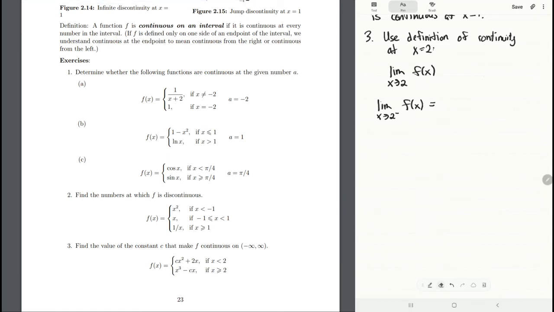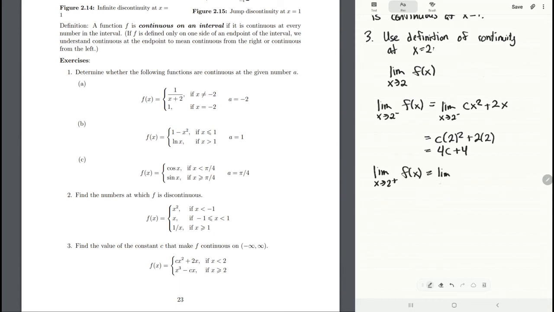So we have the limit as x approaches 2 of cx squared plus 2x. Now if we take the limit, we let x go to 2. We have c times 2 squared plus 2 times 2, and this gives us 4c plus 4. So that's our left-hand limit. Let's have a look at the right-hand limit. We have the limit as x approaches 2 from the right.